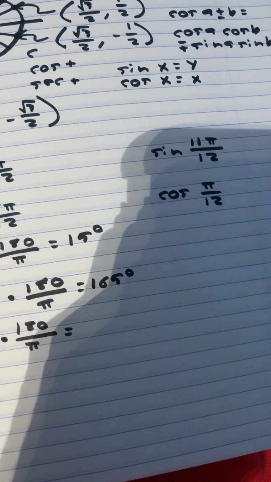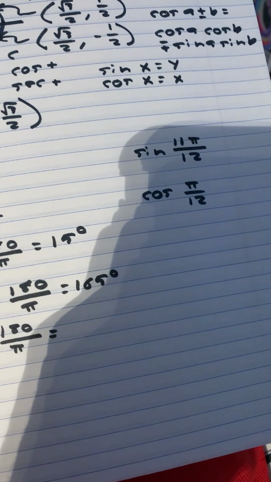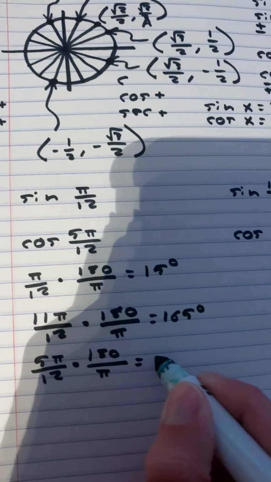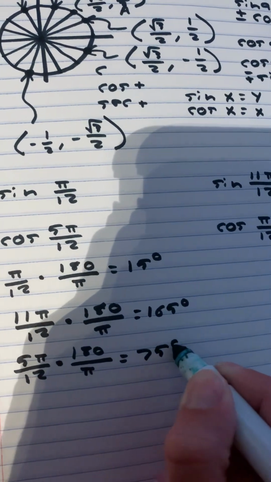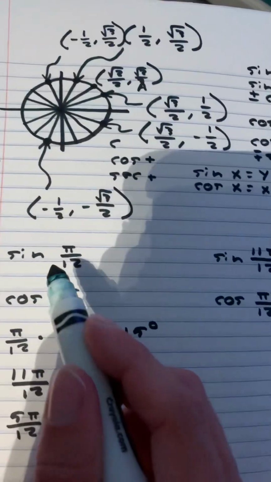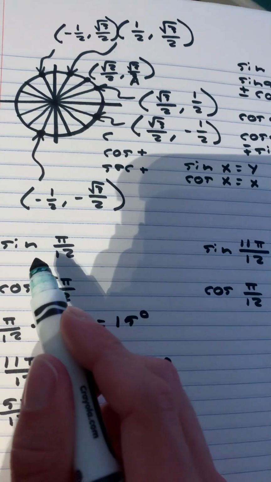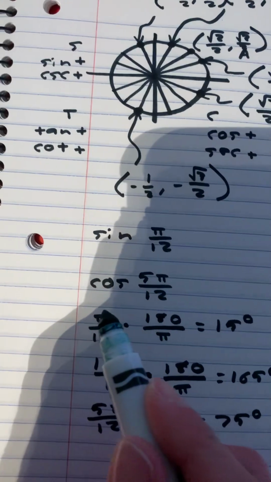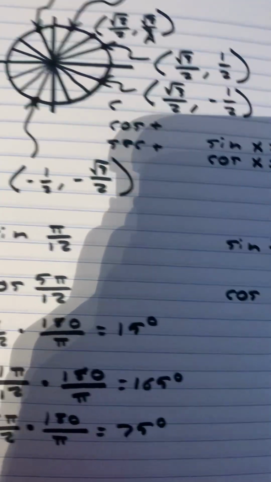So 75 degrees. So this is basically saying the sine of 15 degrees, the sine of 165 degrees, the cosine of 75 degrees, and the cosine of 15 degrees.